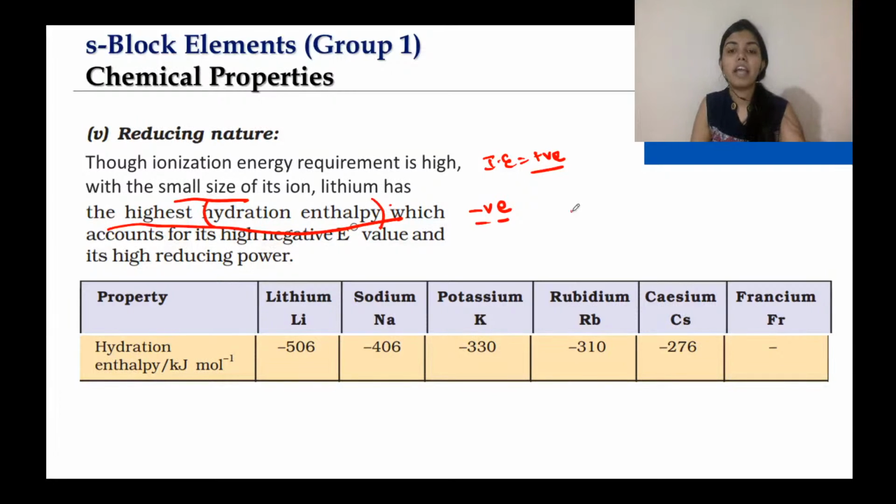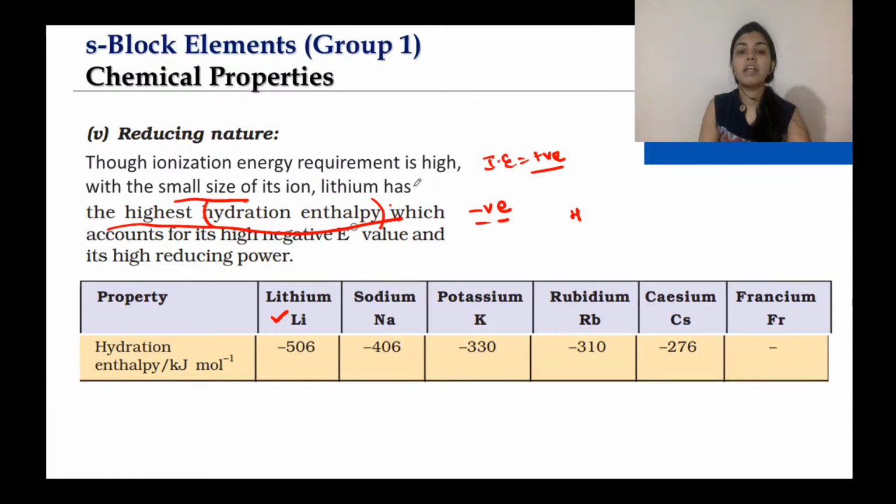We know that hydration depends upon the size of the ion. The smaller the size of the ion, the greater the hydration, and therefore the energy released on hydration will also be more negative. Lithium being the smallest of them all, it will get hydrated readily and release a lot of energy on hydration.